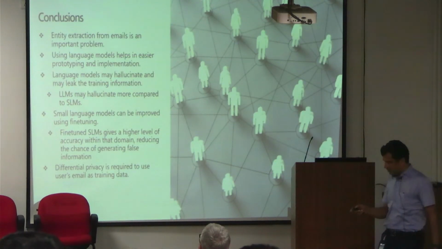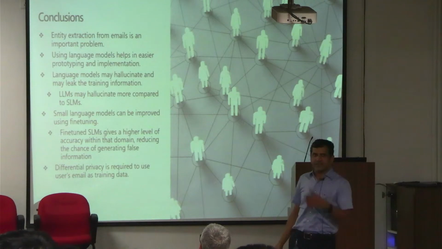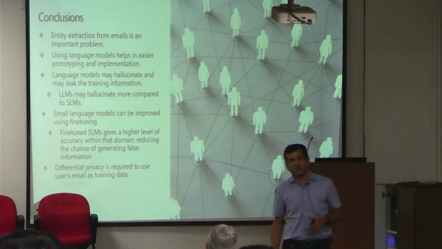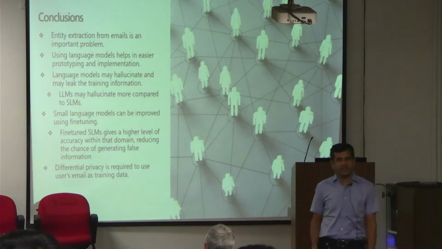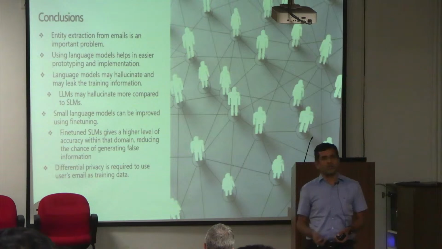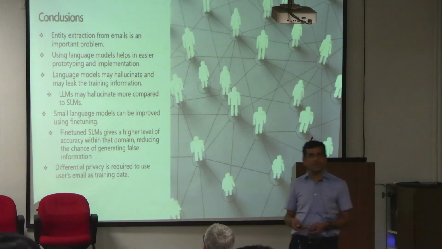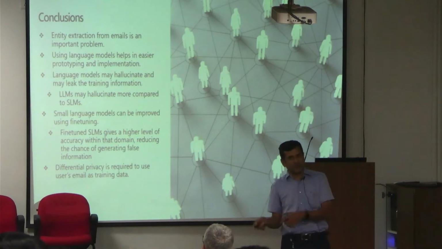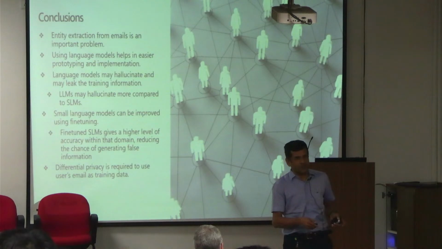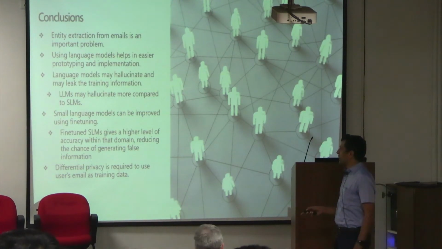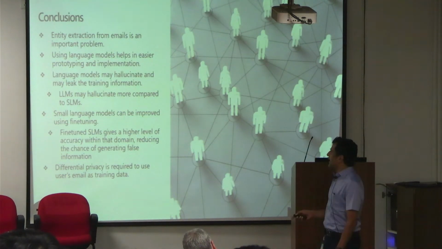Okay, so in conclusion, like I said, entity extraction is used for various productivity applications, and because we want to make this system scalable from both the number of emails and the number of entities point of view, we are using language models.